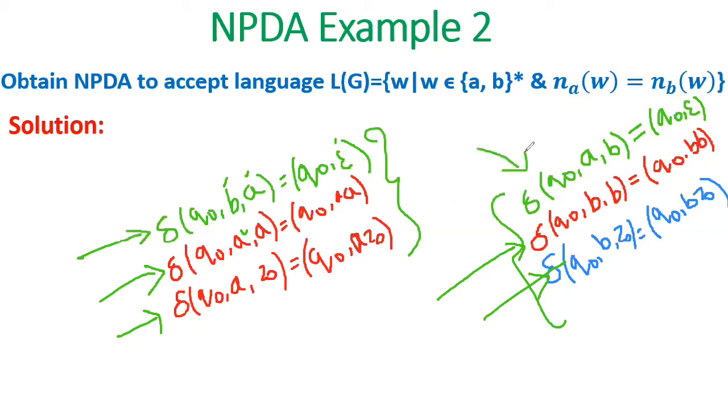That is, if A is the new symbol you are reading and B is on top of the stack, you use this particular transition.